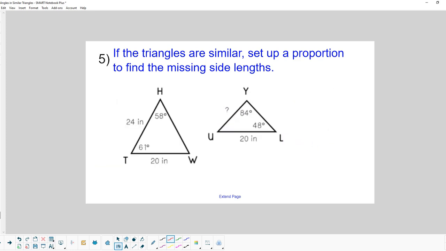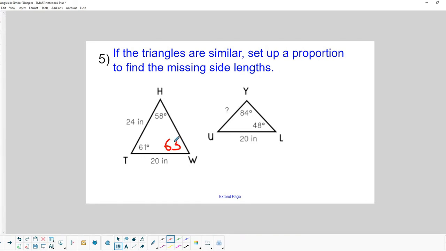So let's try another one. So we know that this is 58 degrees, 61 degrees. So I'm going to do 180 minus 58 minus 61, and I'm going to get 65 degrees. Okay, so this is 65 degrees.